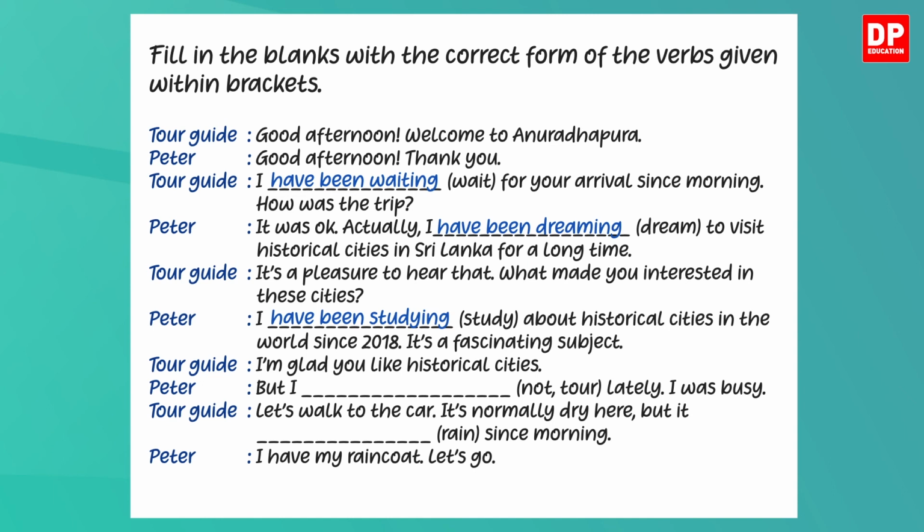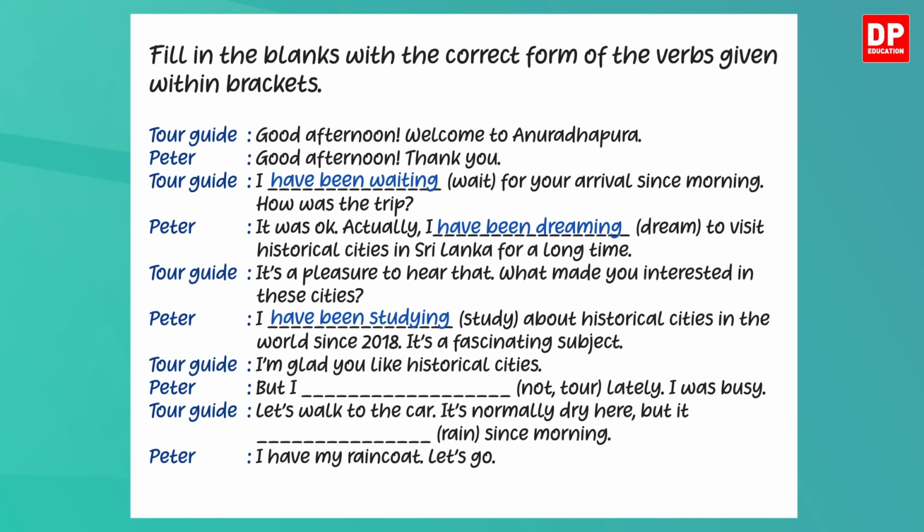Look at the fourth one. But I blank not tour lately. This is the second use of present perfect tense I introduced to you. This doesn't emphasize an exact time but conveys a more general meaning with the word lately. You also have the word not within brackets with the verb tour.